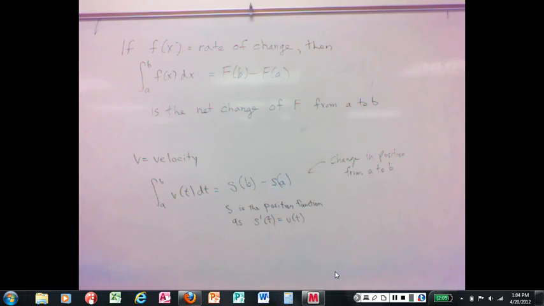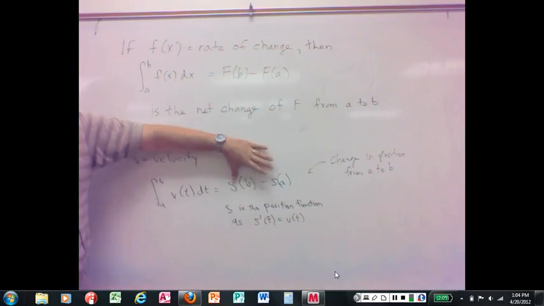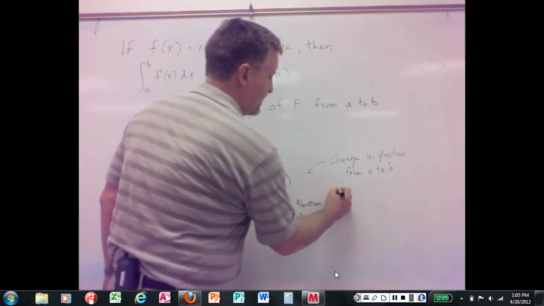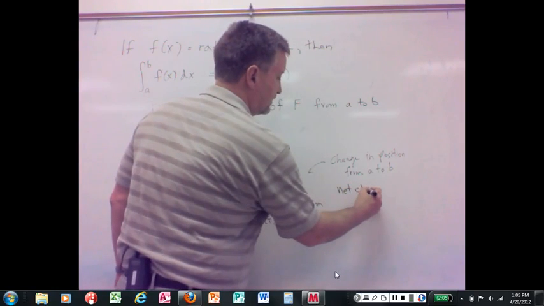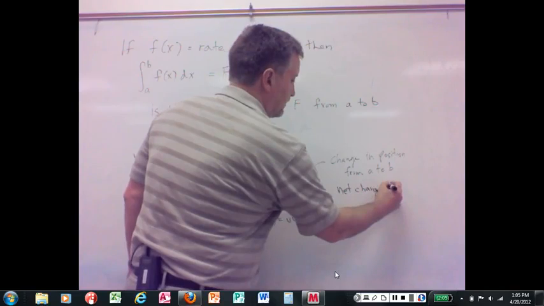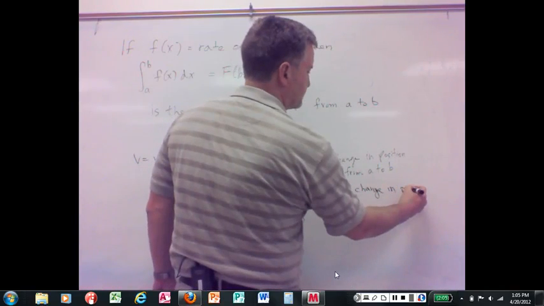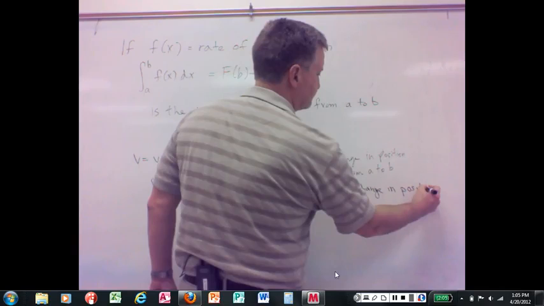So it's a net area. If you think about the area thing here, we're talking area under the curve, but as far as applying it to the application, it's the net displacement we're talking about. The net change in position, I should say. Displacement.